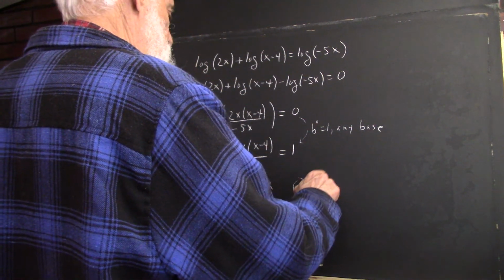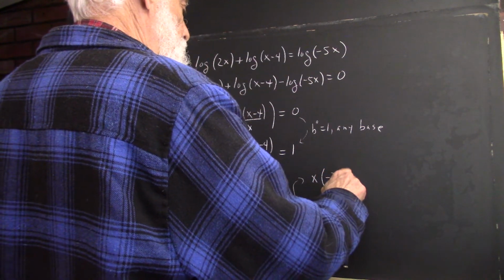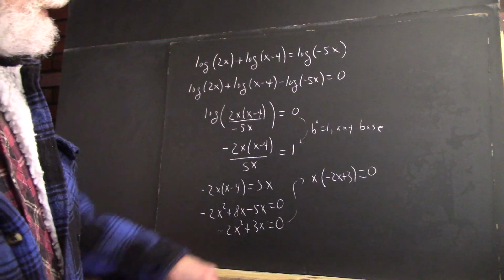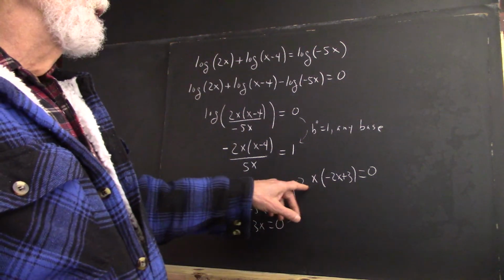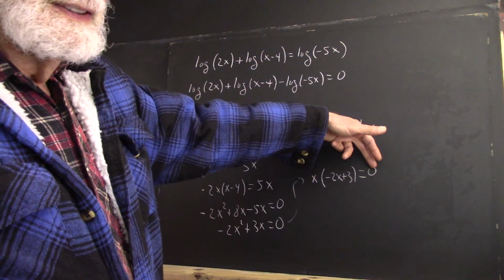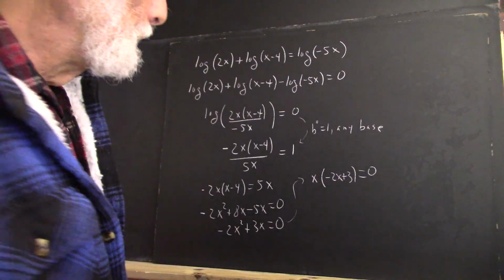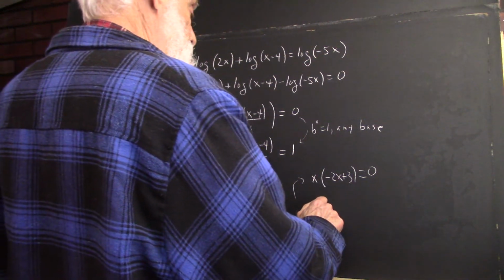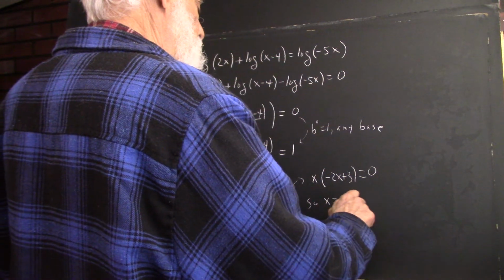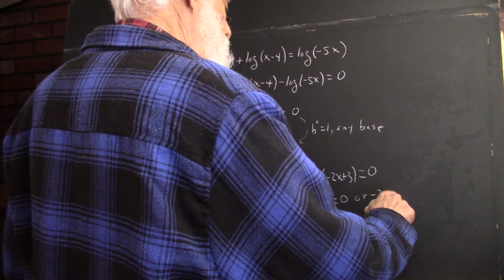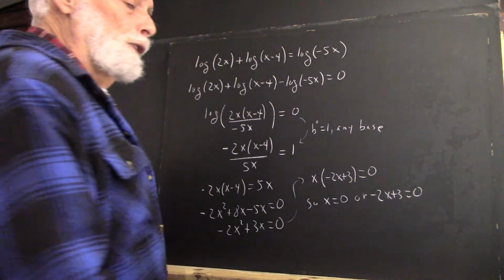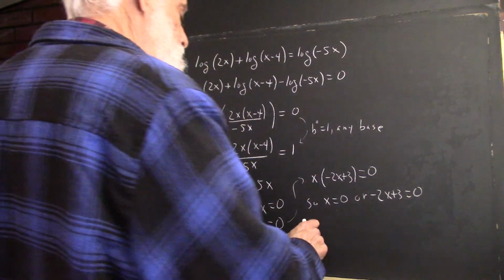So we get x times negative 2x plus 3 equals 0, and now we can use the 0 property of multiplication. If you multiply two things and get 0, that means at least one of them has to be 0. So we get x equals 0 or negative 2x plus 3 equals 0.